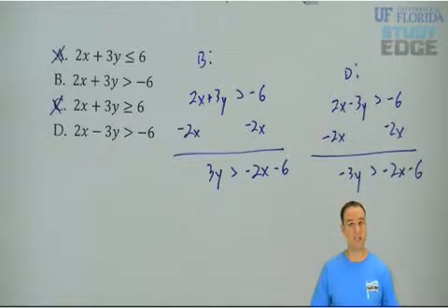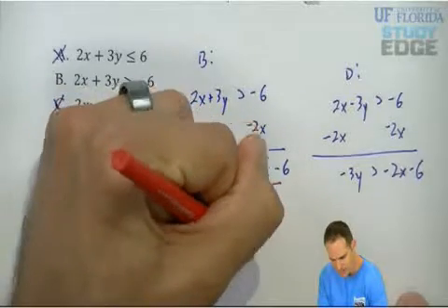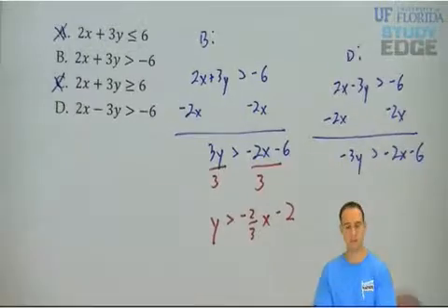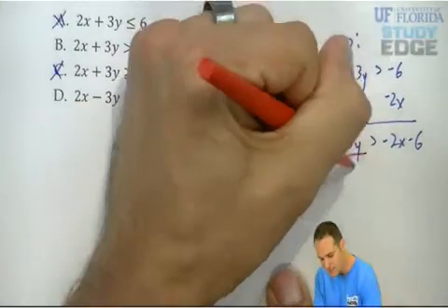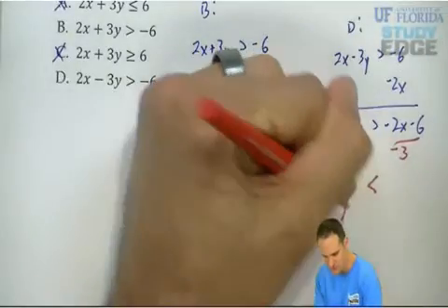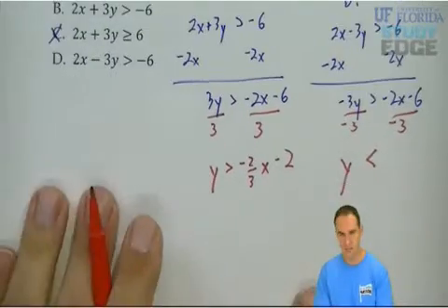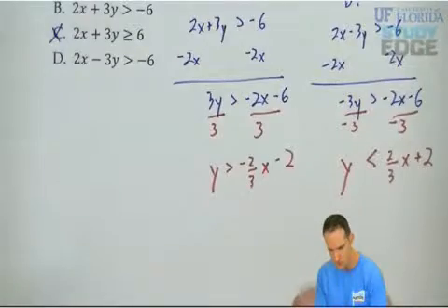On the left equation, you divide both sides by 3 to get y is greater than negative 2/3 x minus 2. But on this side, if you divide by negative 3, you have to switch the direction of the inequality symbol, giving y is less than 2/3 x plus 2.